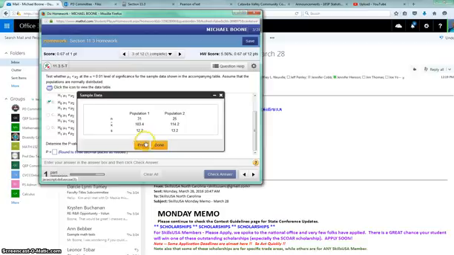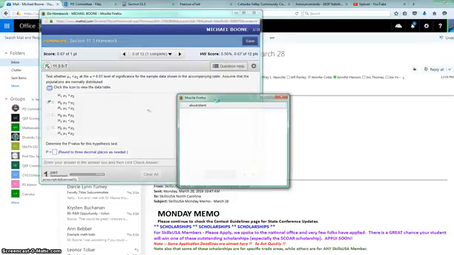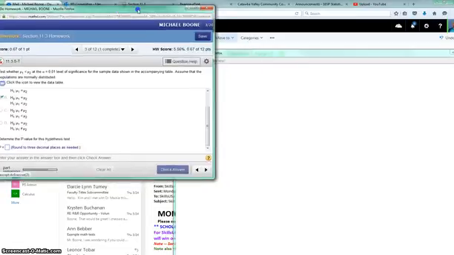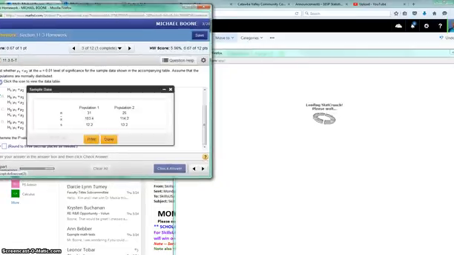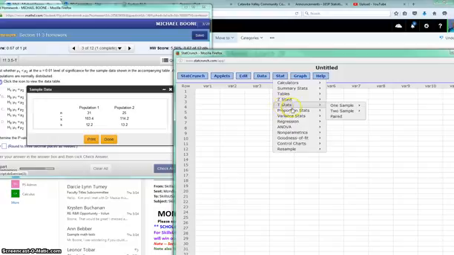So how we're going to do that is we're going to do some analysis on it. We're going to find the p-value, and we're going to do this by going into StatCrunch and doing something similar to what we were doing previously, t-stats, and instead of paired we're going to do two sample with summary.